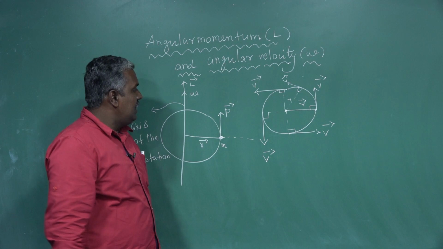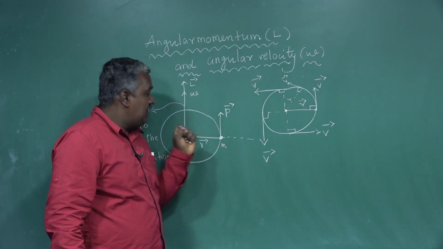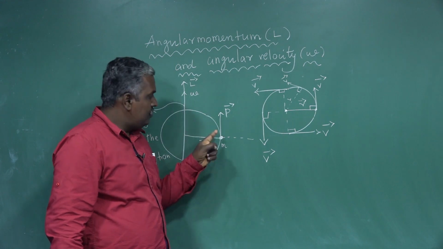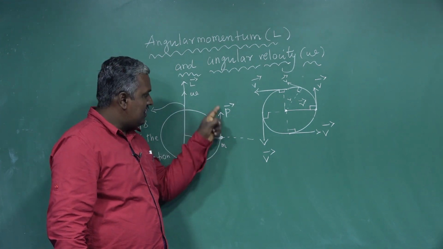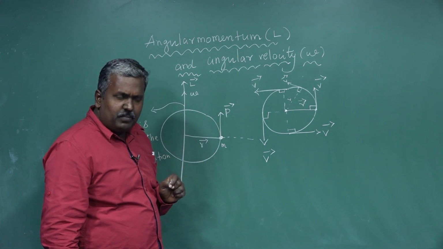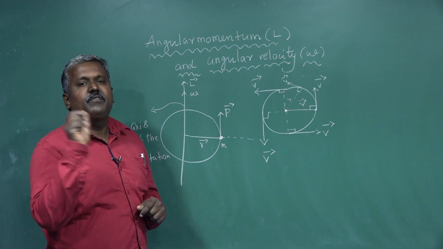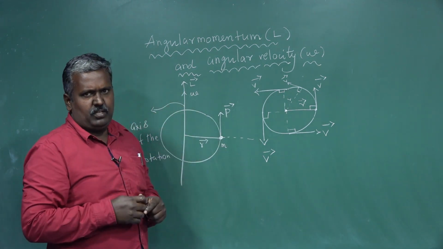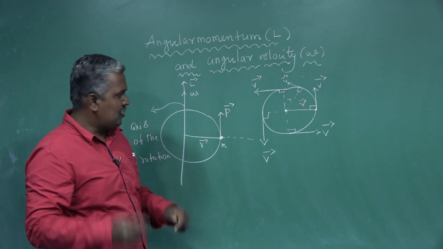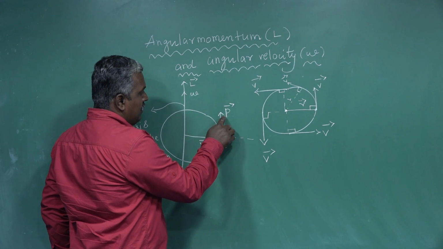So therefore, draw a tangent line at any point in the circular motion of the rigid body. This line gives the direction of the linear momentum. What will be the direction of the linear momentum? Yes, in the direction of the linear velocity, that's all. Okay, so P vector and R vector.